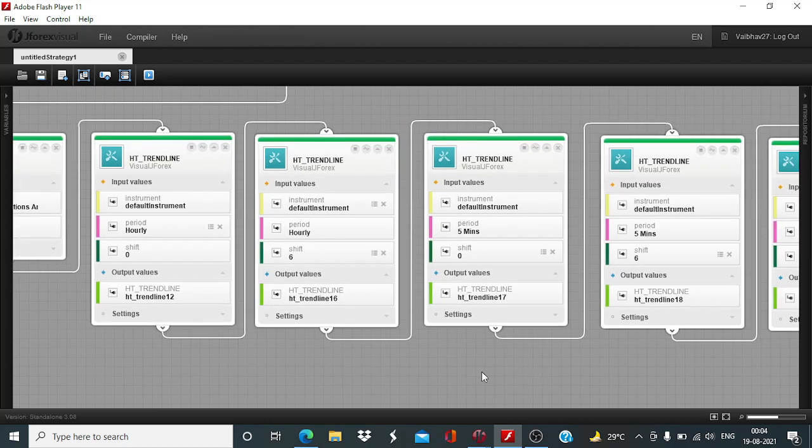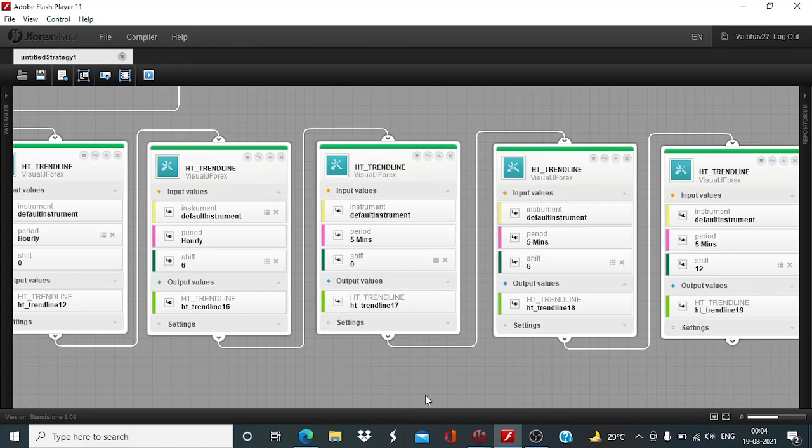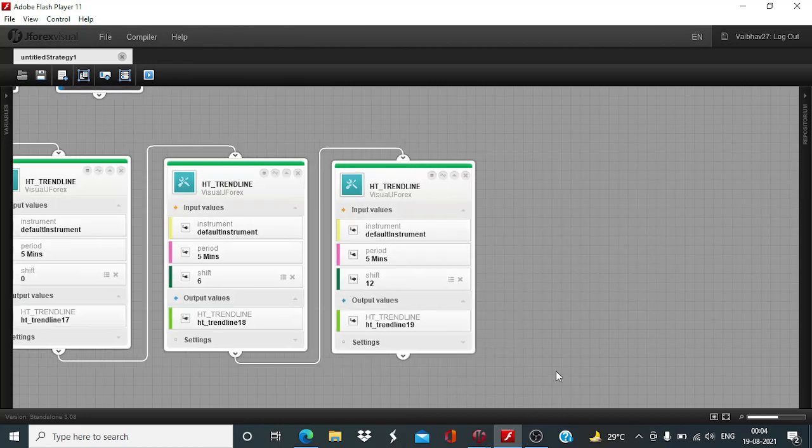Okay, so we have these HT trend line blocks in place.